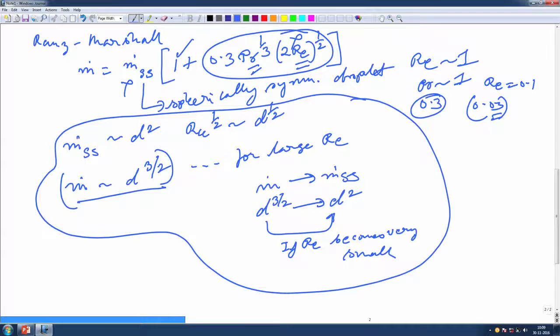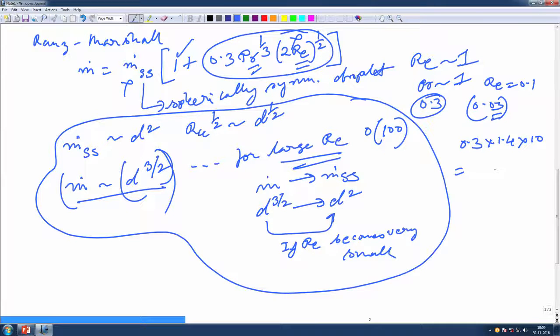So, this is for large Reynolds number, it is d to the power of 3 by 2, large, that means Reynolds number of the order of 100, because when it is of the order of 100, this is 10, so 0.3 into 1.4 I think, right, into 10.